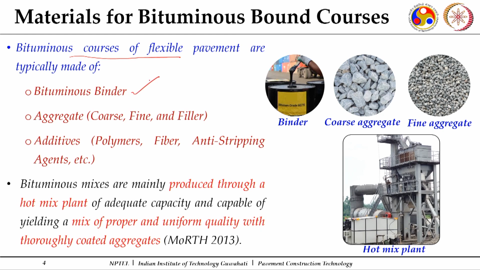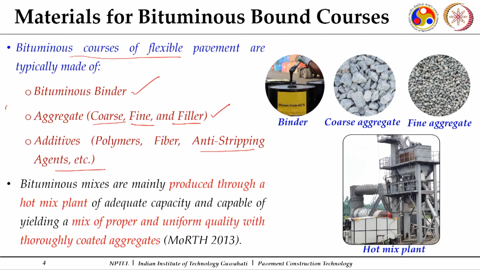One will be your bituminous binder, the one which is going to bind your aggregates, which again fall under different categories of coarse, fine and filler. Along with it, there may be certain additives which may be used to impart some specific characteristics, but the two main components will be your bituminous binder and the aggregate.